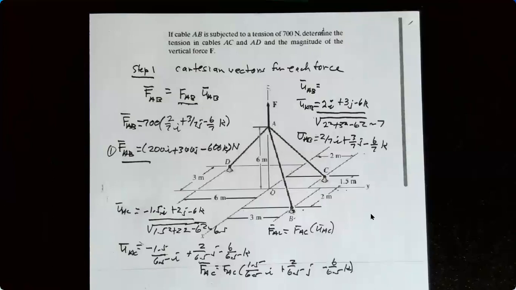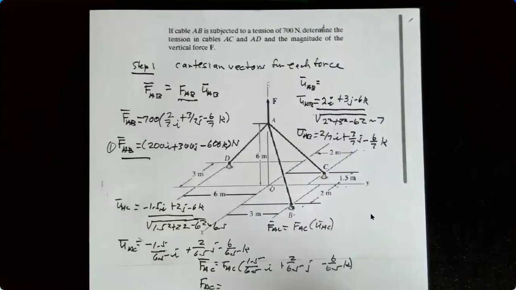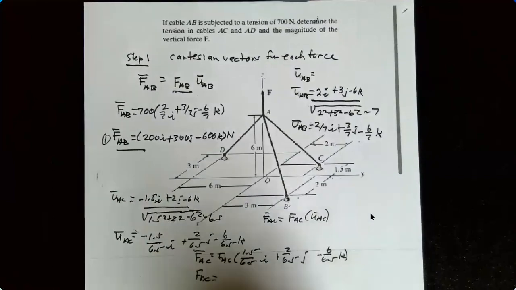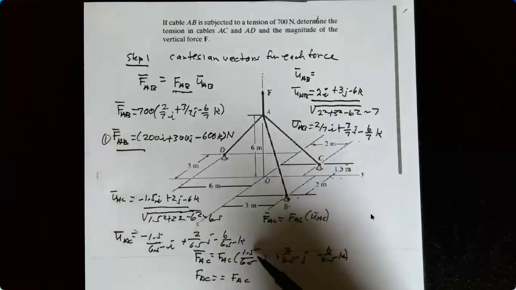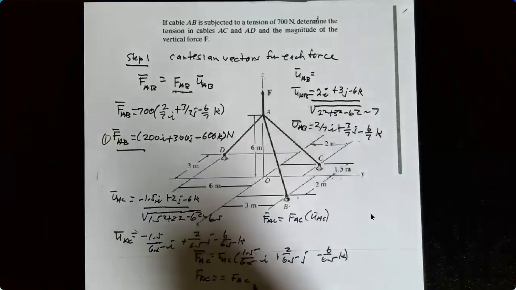And then as a final step, we'll multiply this. So this will be FAC then. I'll multiply each of those terms by FAC. And again, I'm going to go ahead and do the 1.5 divided by 6.5 and so on as I go through that. Let me put this number in front of these.